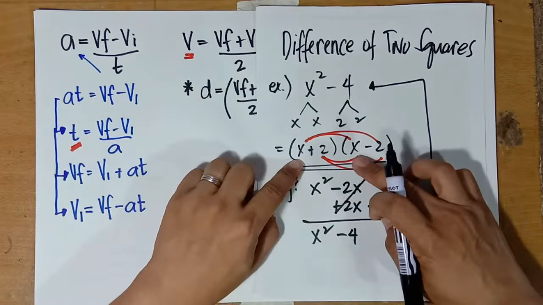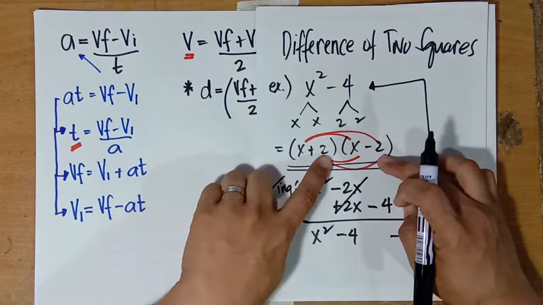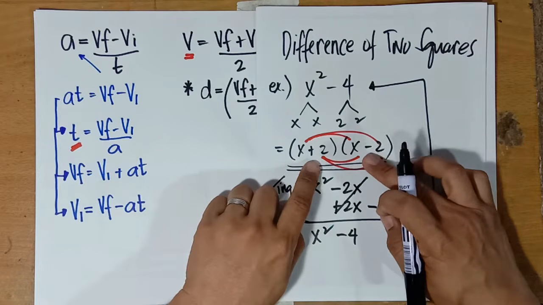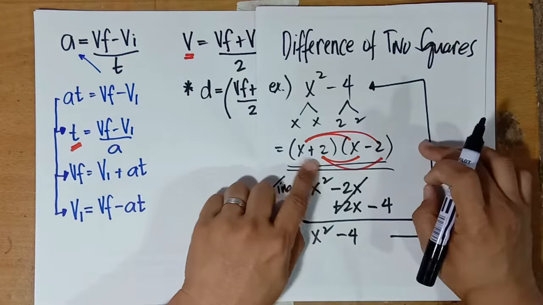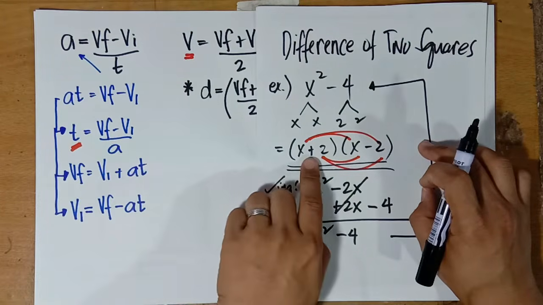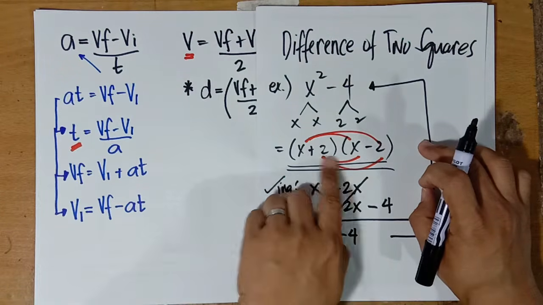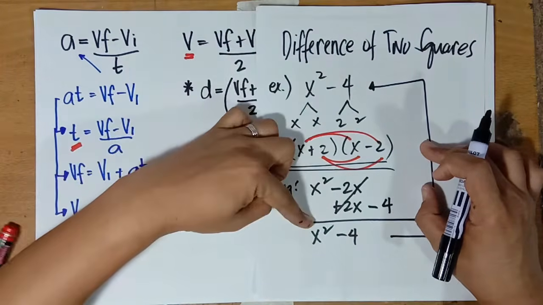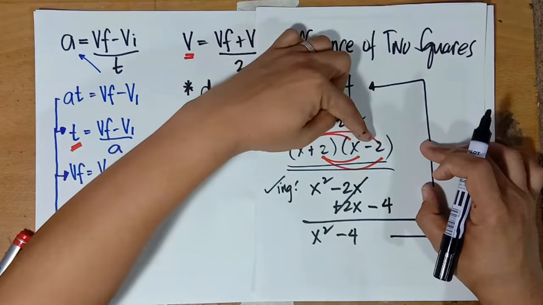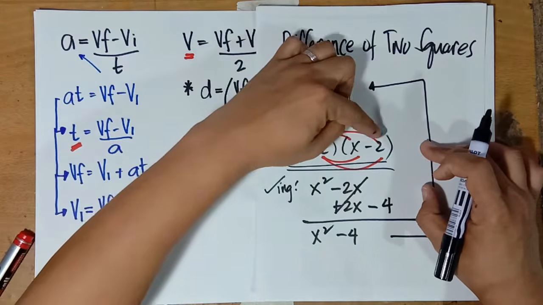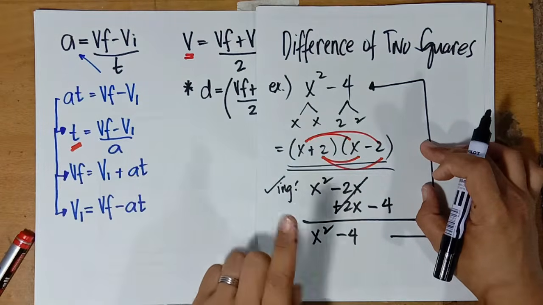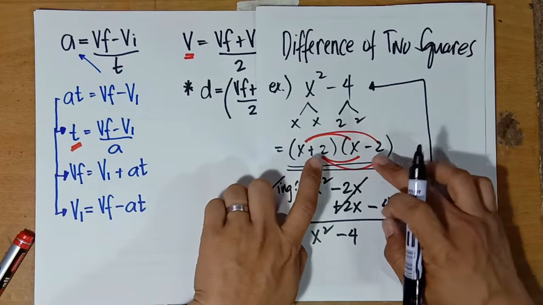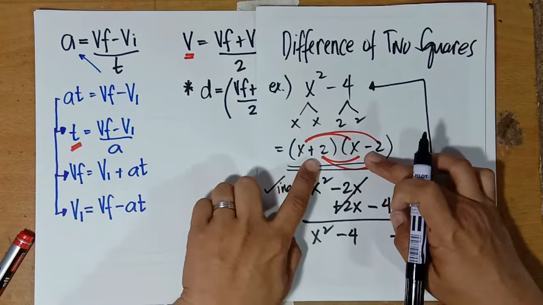If they have the same first terms, the same second terms, but they differ at the signs between them, then you can have x times x, x squared, positive times negative, that's negative, and then 2 times 2, that's 4. Let me repeat that. x times x, that's x squared, positive times negative, that's negative, 2 times 2 is 4. You can only do that if, again, they have the same first terms, the same second terms, and they only differ at the signs between them.